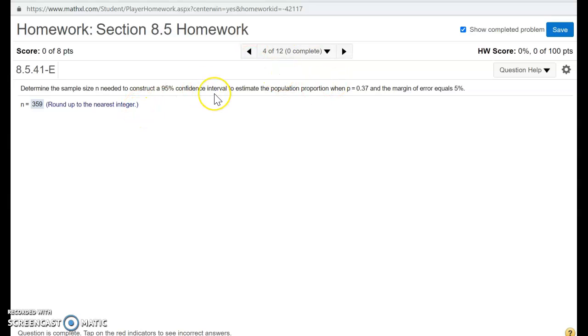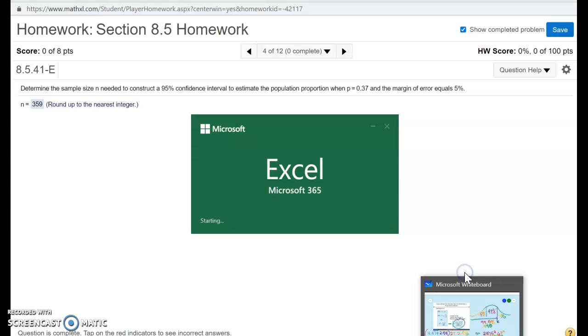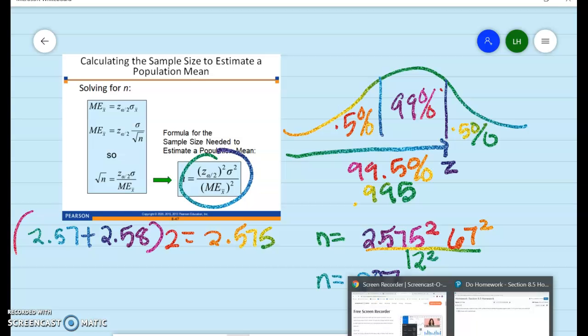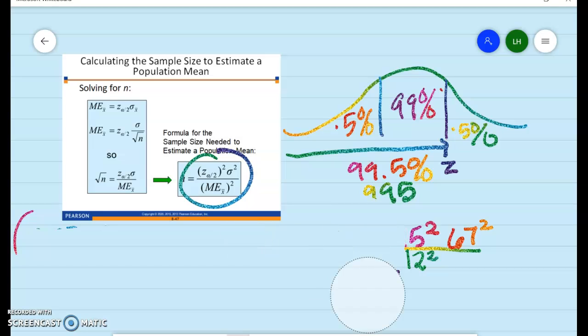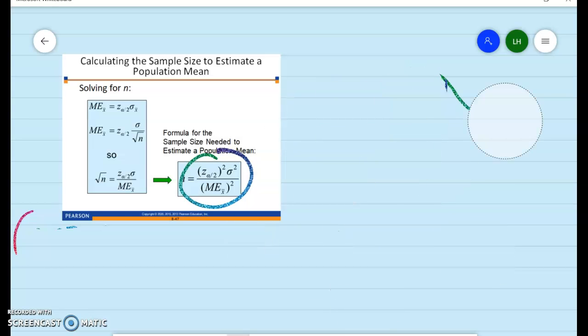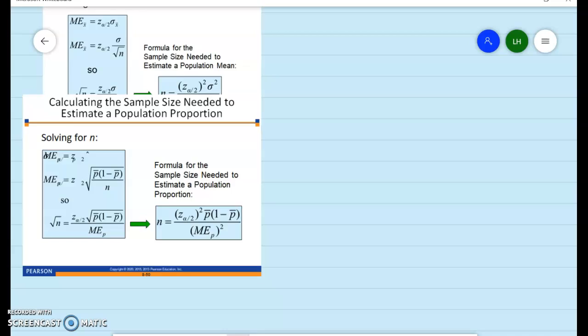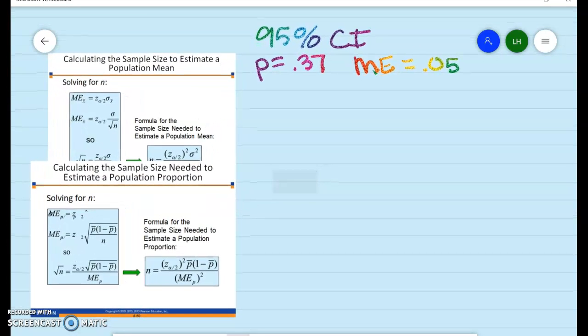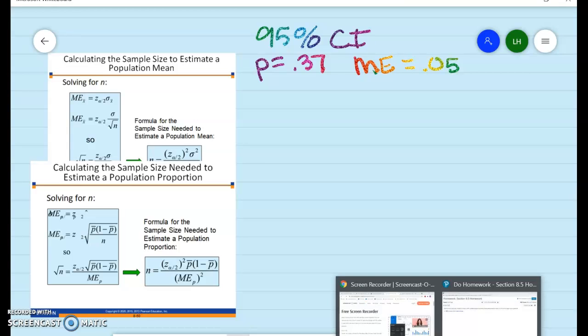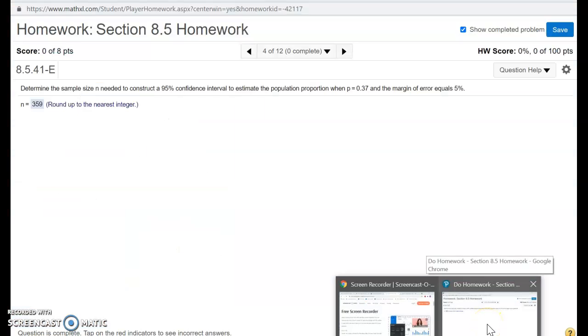Question 4, instead of using the table, you're going to use Excel to get your z-score. All right, so let's look at this problem. Okay, so we are looking at a proportion here because we have p, and we're looking for a 95% confidence interval.